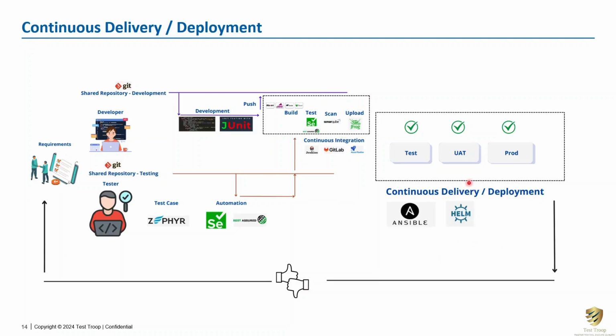Whereas continuous deployment is an extension of continuous delivery, where every code change that passes all the stages of the pipeline is automatically deployed into the production environment without any manual intervention. So we use tools like Ansible and Helm to help with continuous delivery and deployment.